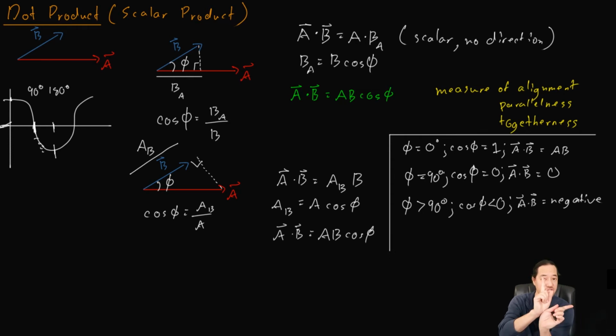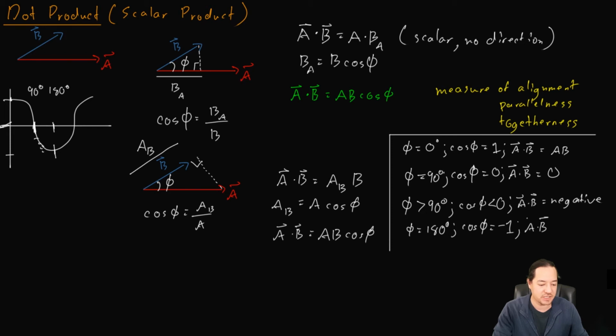You can imagine when phi is at 180 degrees, they're facing opposite directions, and cosine of 180 degrees is equal to -1. So if phi is equal to 180 degrees, cosine of phi equals -1, and thus A dot B is going to equal negative AB. So that's the maximum negative amount you can have.